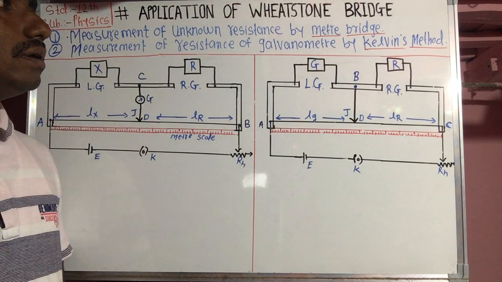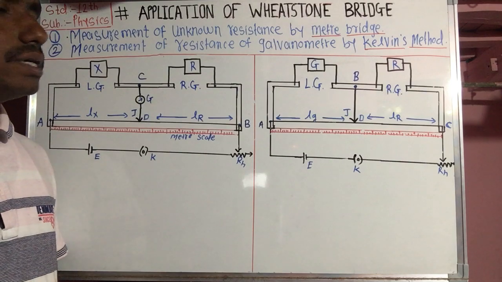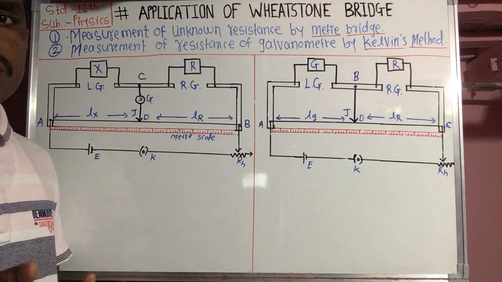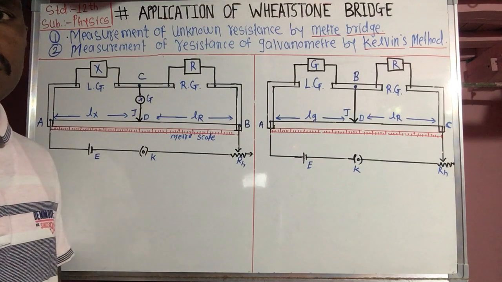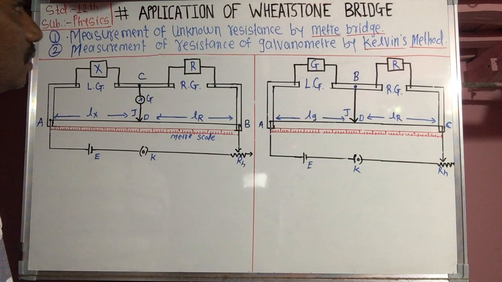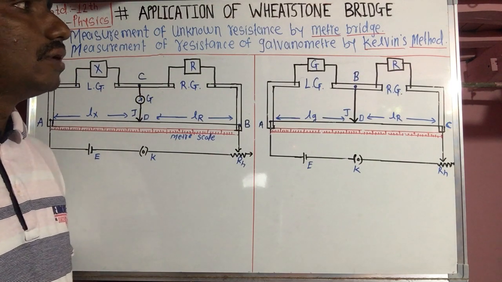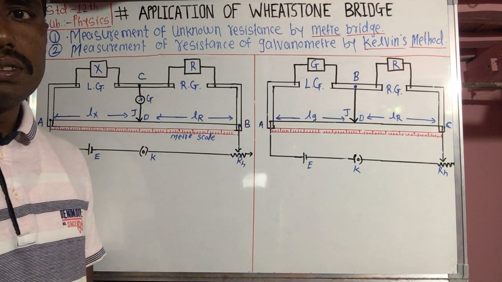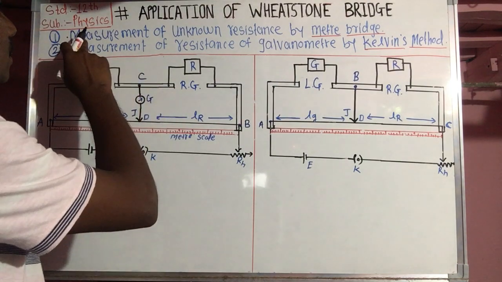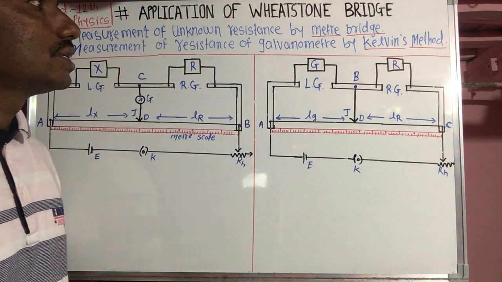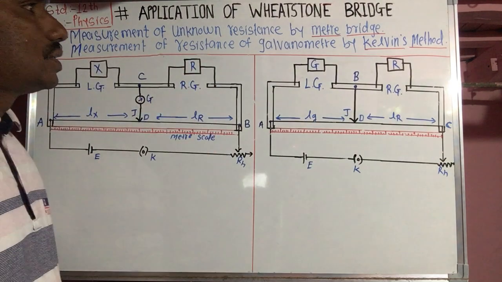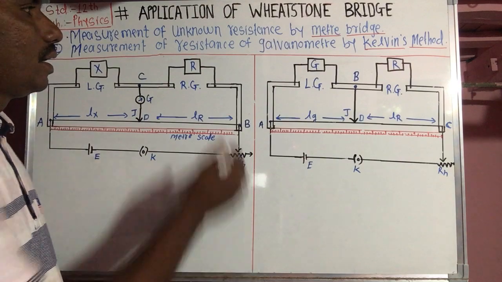Third, the Wheatstone bridge is also used for measuring physical parameters like temperature, strain, etc., by using an operational amplifier. But the third application is beyond our syllabus. So here we only discuss the measurement of unknown resistance by meter bridge and the measurement of resistance of a galvanometer by Kelvin's method.